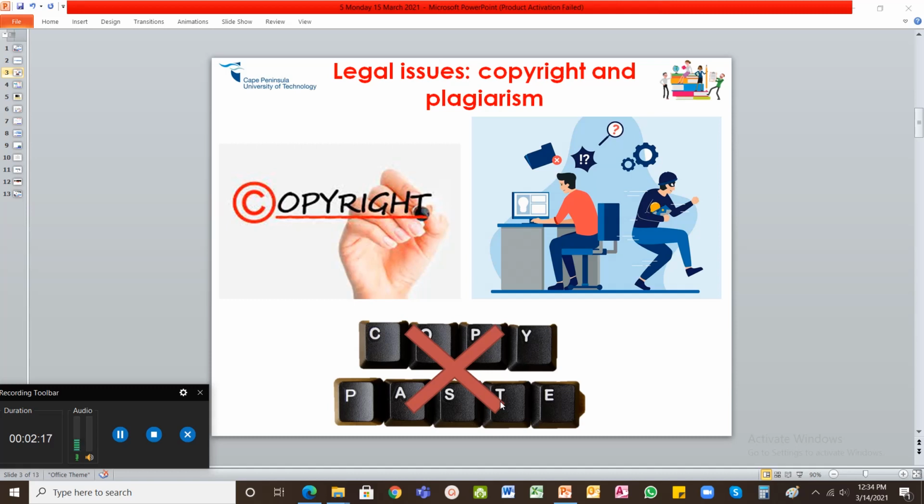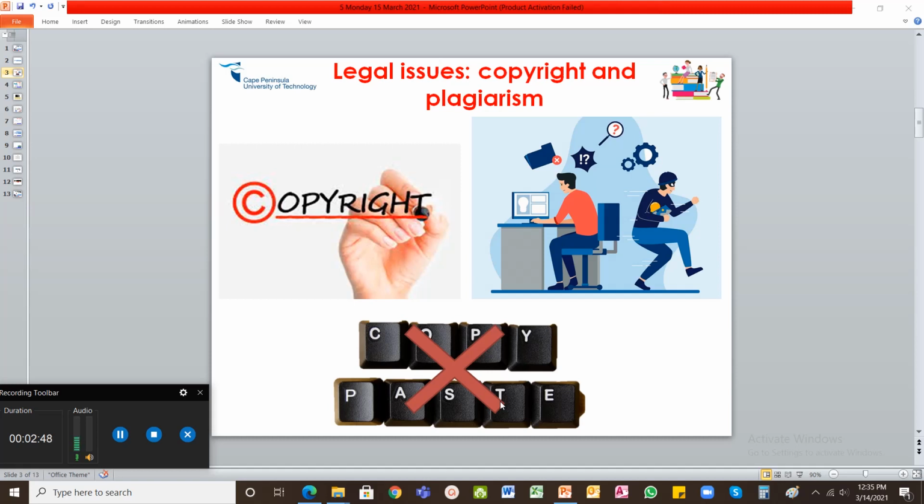Copyright means that the person that created or did the research has the right to make copies or use the words written there in their original form. And plagiarism is when you take those words, put them in the exact same manner, and present them as your own ideas without acknowledging the other author or the originator.